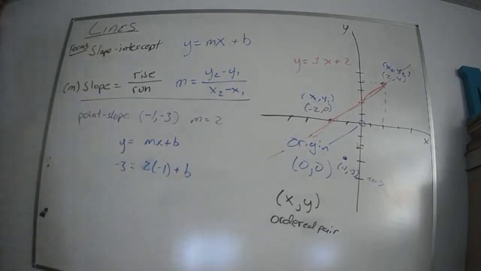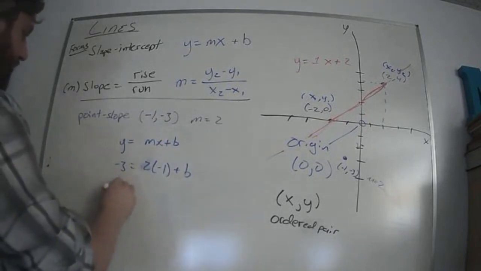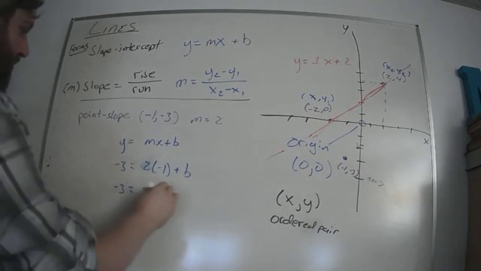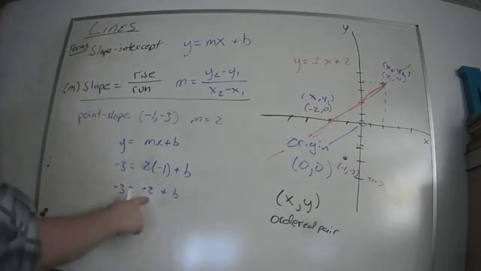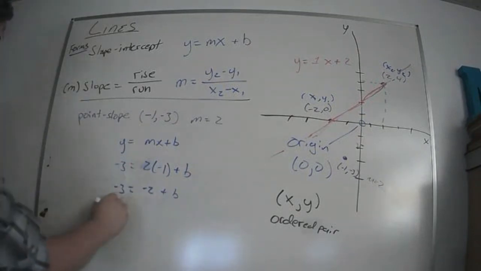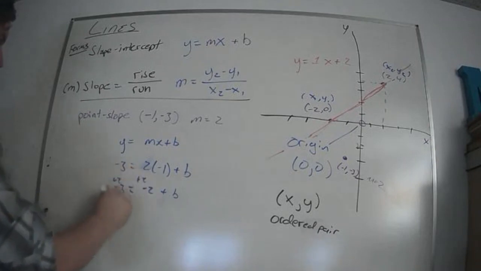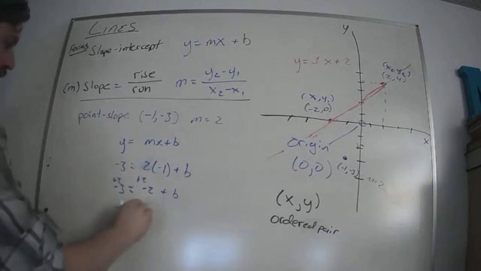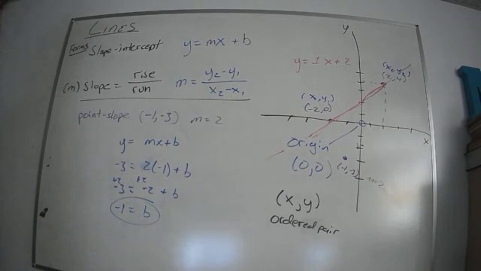I've already got the solution. I say minus 3 equals 2 times 1 is minus 2 plus b. So now I need to add 2 to both sides, plus 2 plus 2, that's minus 1 equals b. So the point y equals minus 1 is the y-intercept of this line.